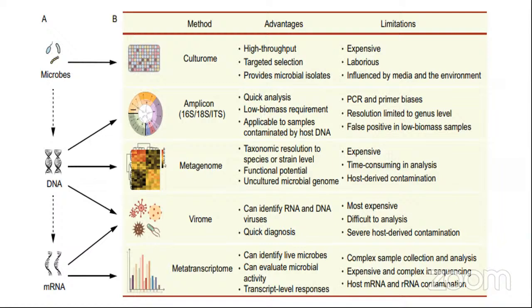But the limitation is that PCR induces a bias. So you may not end up identifying the smaller fragments of smaller proportion of DNAs which are contributed by the relatively low count of microbial population.